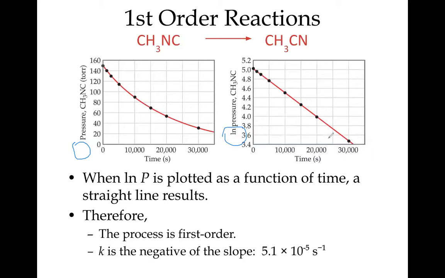Well, I guess the slope would be a negative 5.1 times 10 to the negative fifth. So then k would be positive, because it's a negative of that. So it'd be 5.1 times 10 to the negative fifth per second. So the slope and the k are somewhat interchangeable.